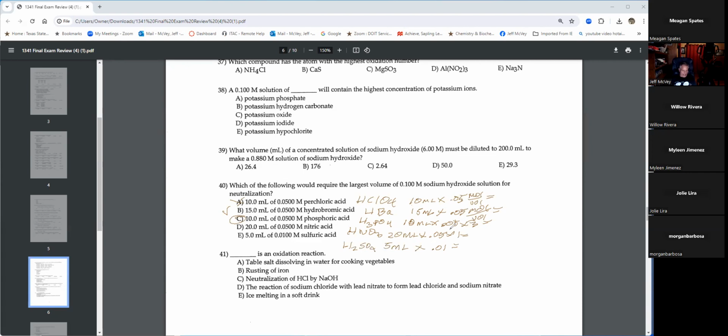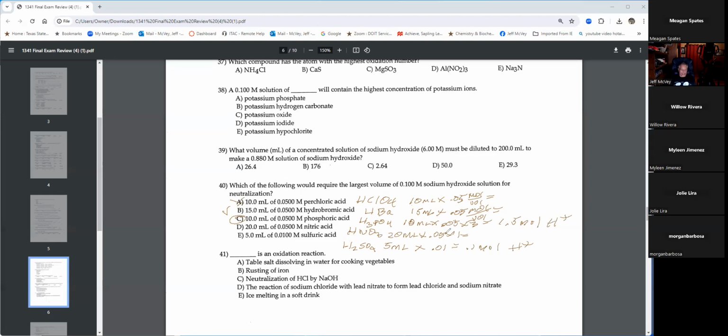I've got 10 times 0.05 times 3, which gives me 1.5 moles of H plus. I'm not even worried about this, but let's go ahead and do it anyway. So that's 5 times 0.01 times 2, which just gives me 0.1 moles of H plus.